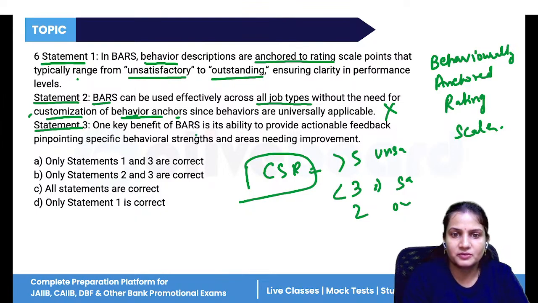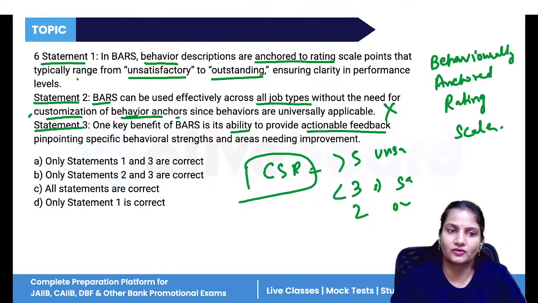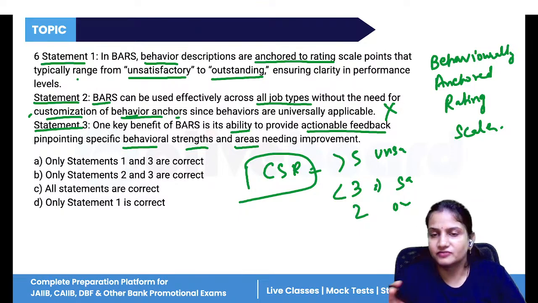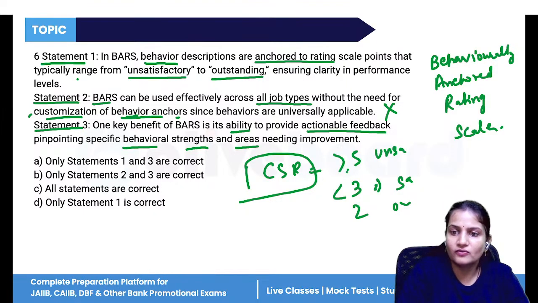One key benefit of BARS is its ability to provide actionable feedback. Based on your previous behavior, feedback is given, and specific behavior strengths and areas for improvement are checked. Like you are taking more than 5 minutes, so now you will be asked to solve the customers' issues quickly, within 3 or 4 minutes, not beyond 5 minutes.